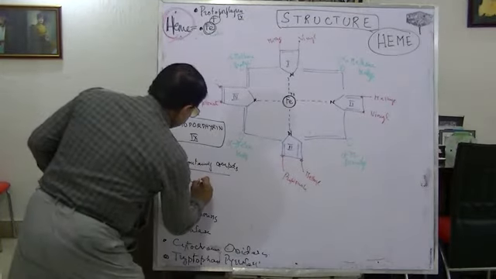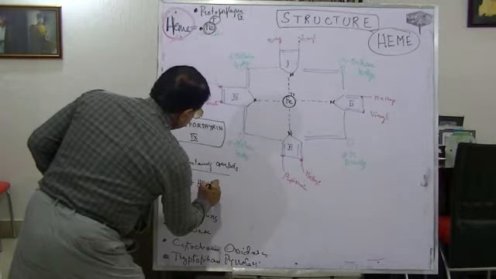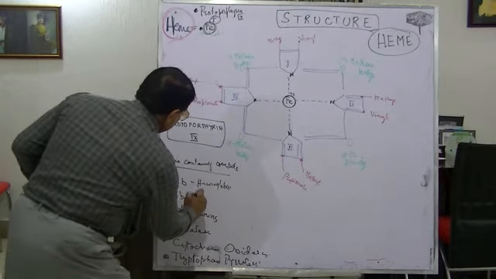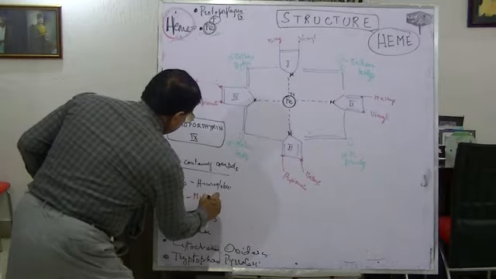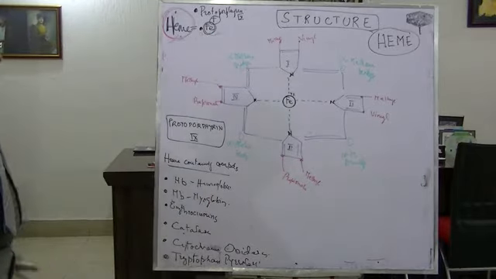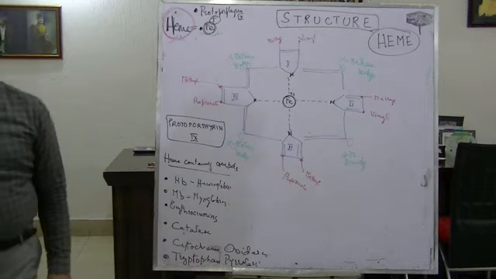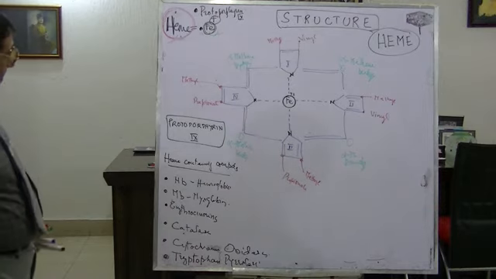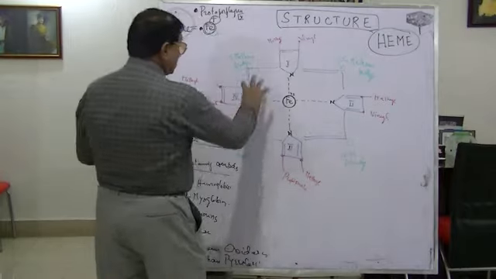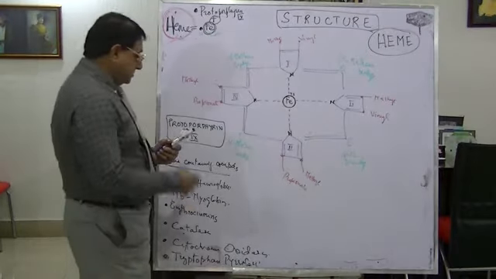This is hemoglobin. This one is myoglobin. So this is the structure of heme, right? Heme. And iron is attached to all the pyrrole rings.